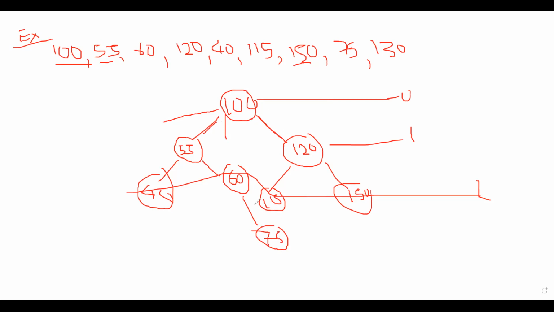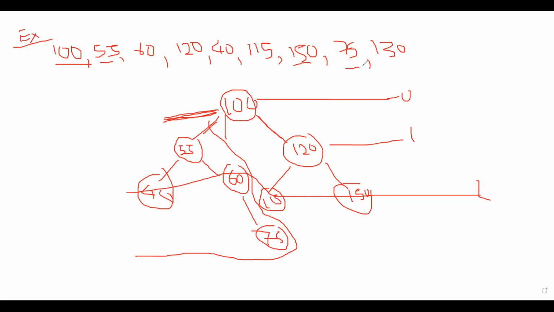Because I didn't stretch it all the way over here, 75 now goes below 115, whereas it belongs to this subtree. Just a hint when you write trees: it will be easier for you, especially in the papers. You don't have to rewrite the whole answer again.